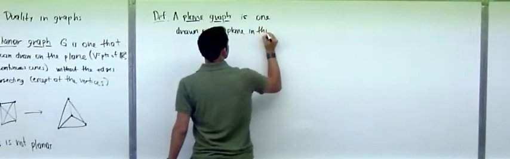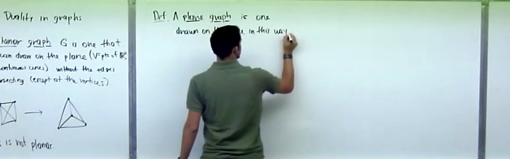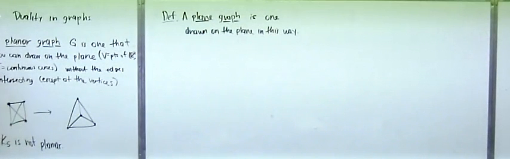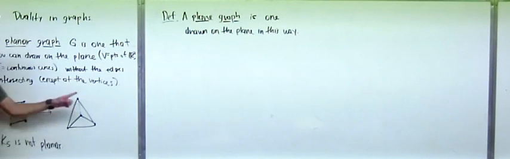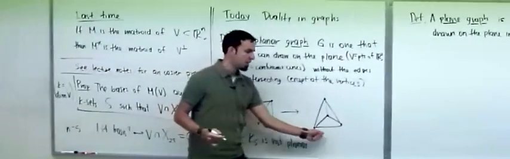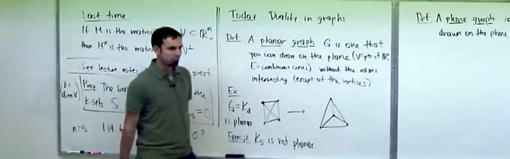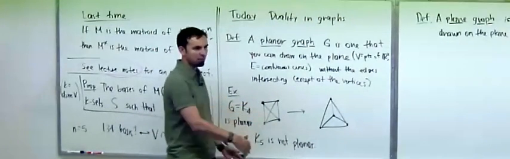So you're saying the first drawing of K4 is not a plane graph, even though it's isomorphic to the other one that is a plane graph? Exactly. So here I have two pictures of graphs. This is a plane graph, and this one is not a plane graph. But K4 is a planar graph.